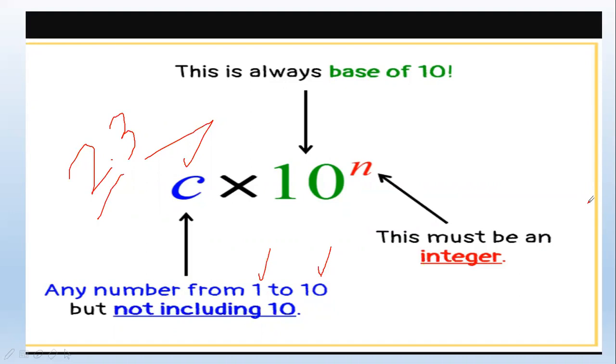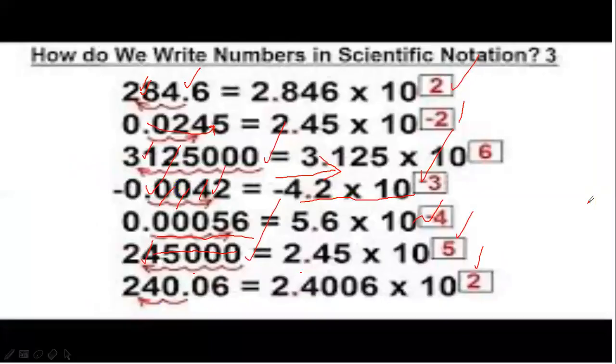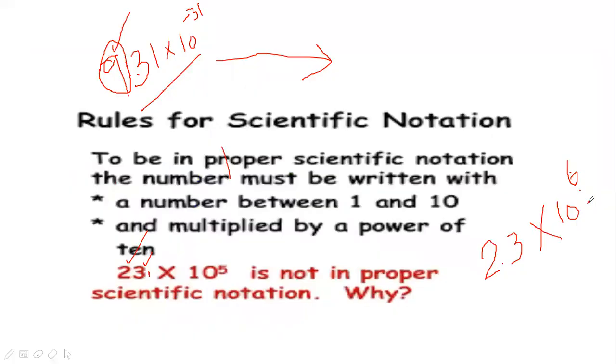C must be between 1 and 10, equal to 1 but less than 10, and n is an integer. Then you take the examples, why we take positive and why we take negative. It's for practice.